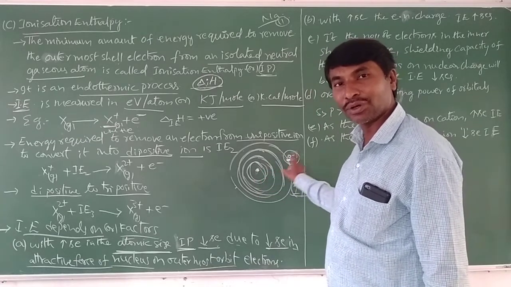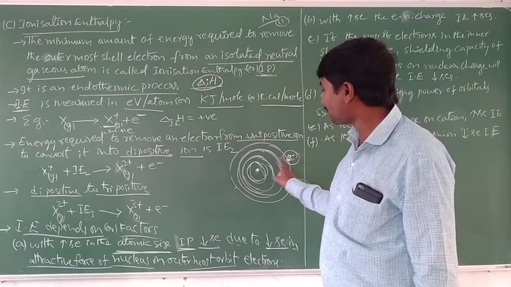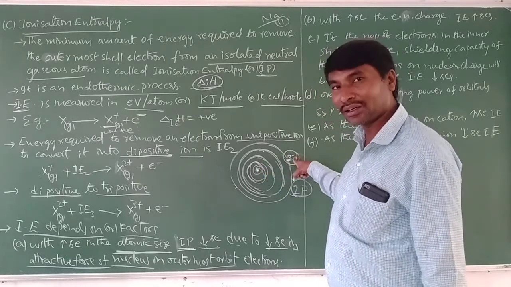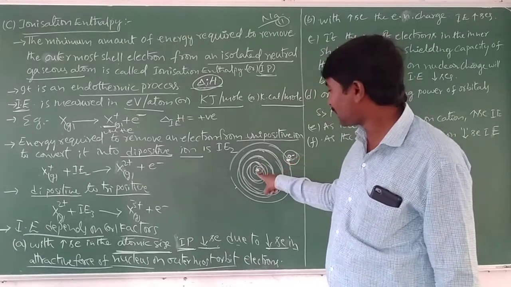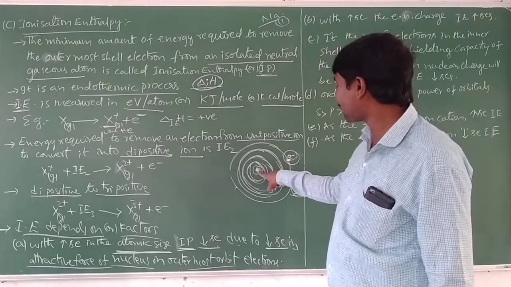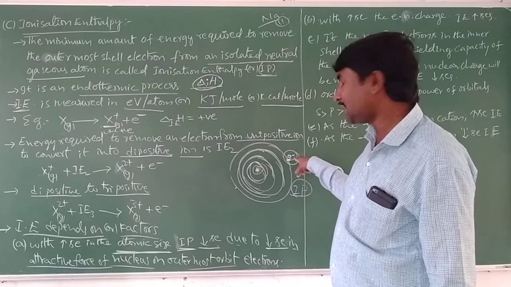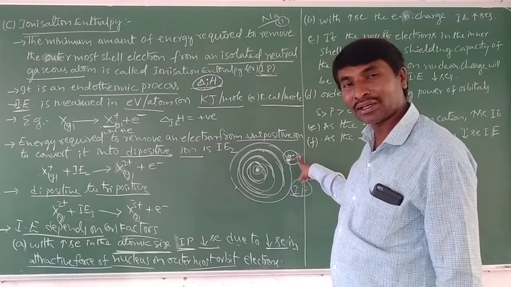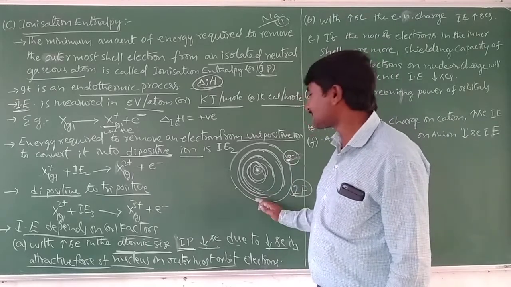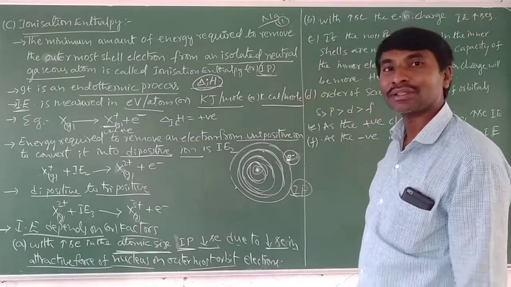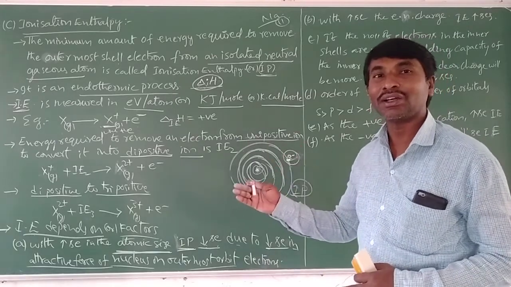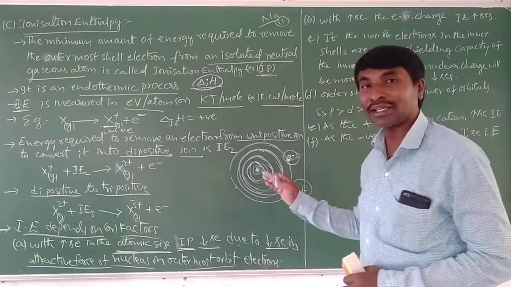When the distance is more, the attractive force of the nucleus on the outermost electron is less. That means the energy required to remove the electron decreases.